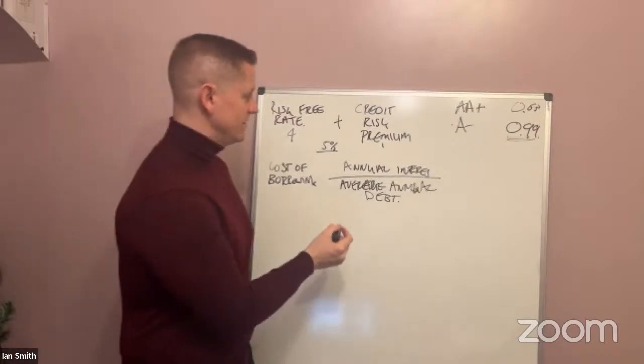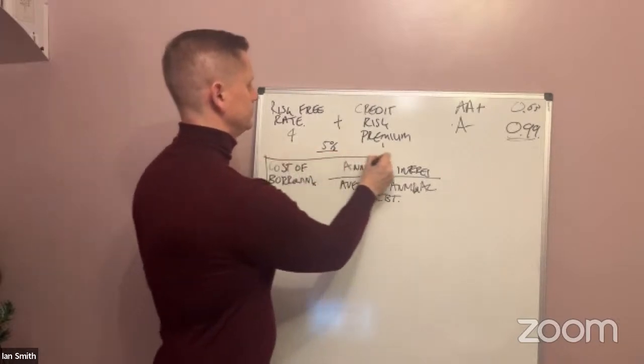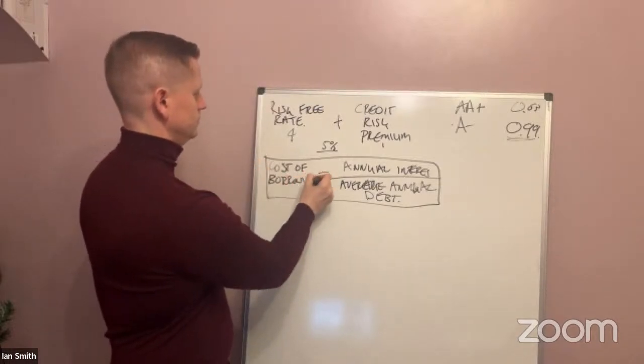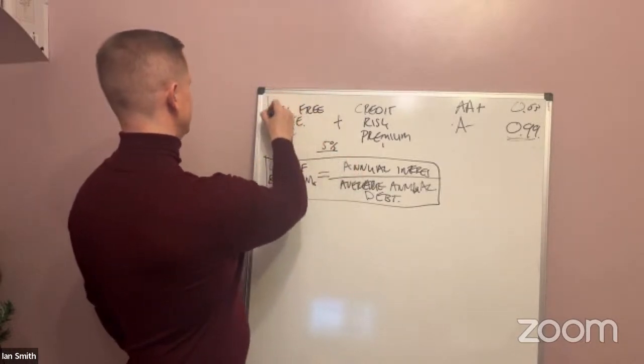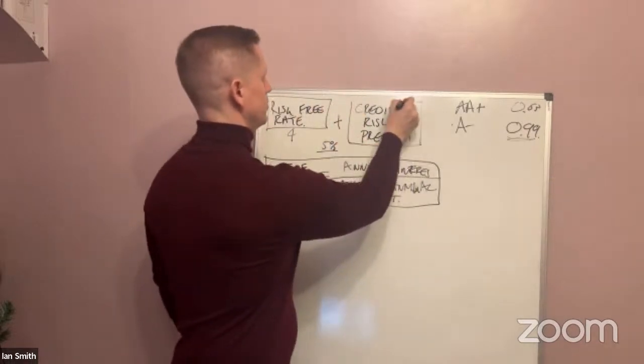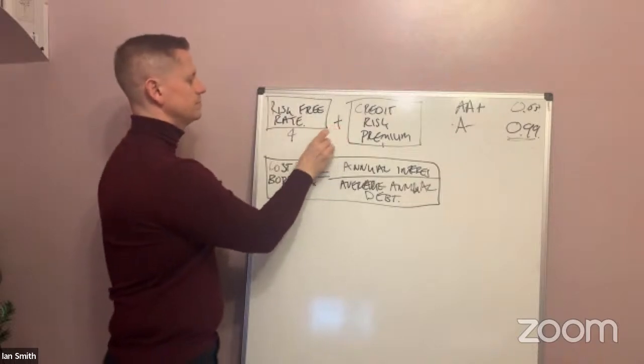And what this then factors into is, so we've got cost of borrowing, and we've got the risk-free rate added to the credit risk premium. Now you can use, there we go.